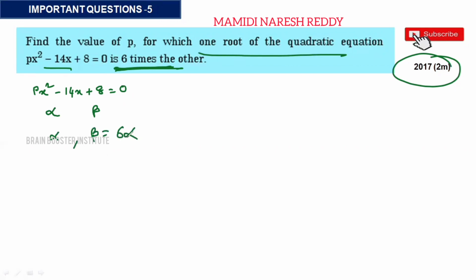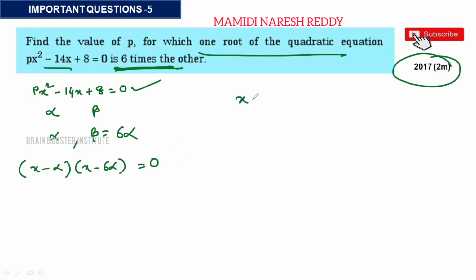So alpha, 6 alpha are both the roots here. So the factors can be written as (x - alpha)(x - 6 alpha) = 0, as per our assumption.